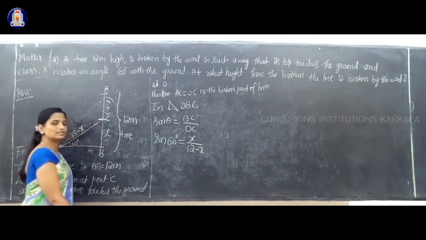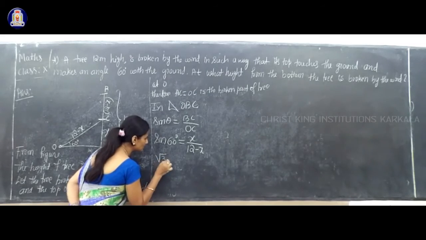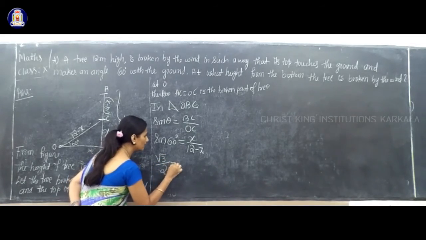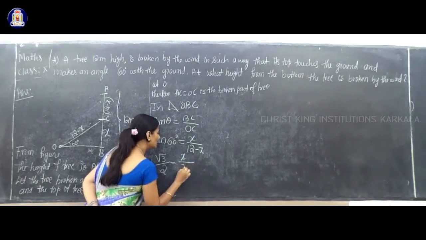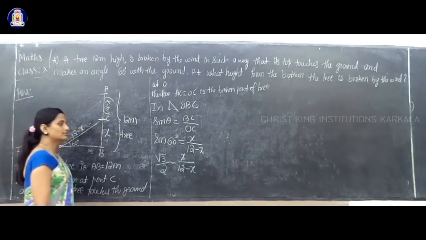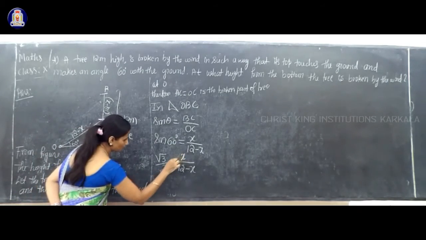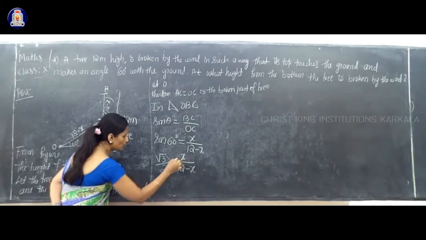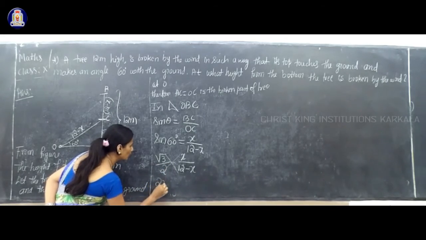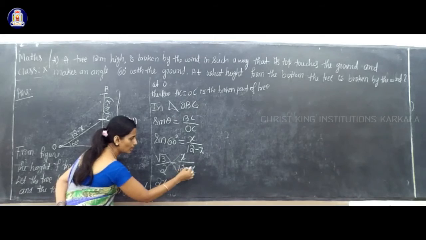Now substitution and simplification. What is your sin 60? Sin 60 is root 3 divided by 2 is equal to x divided by 12 minus x. Cross multiply and simplify. Cross multiplication, 2 into x is 2x is equal to root 3 into 12 minus x.